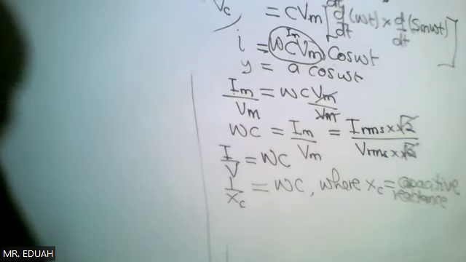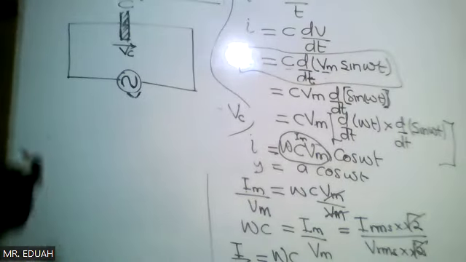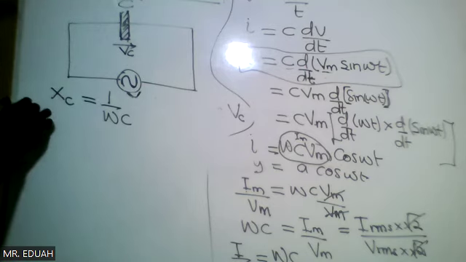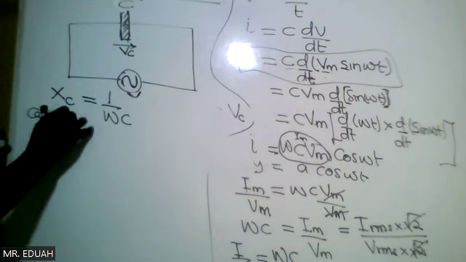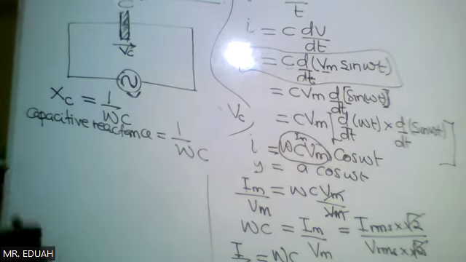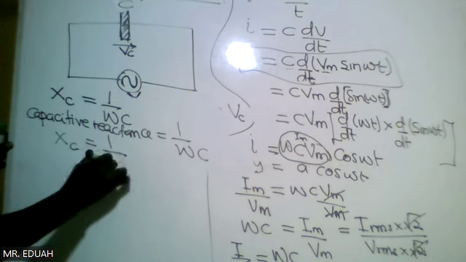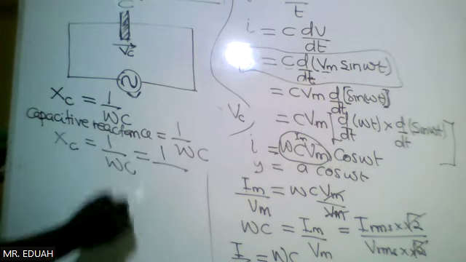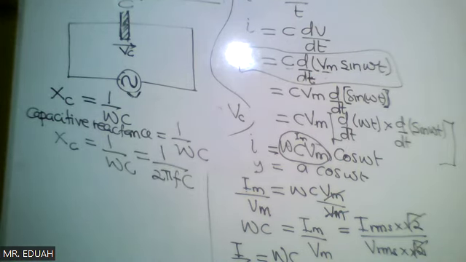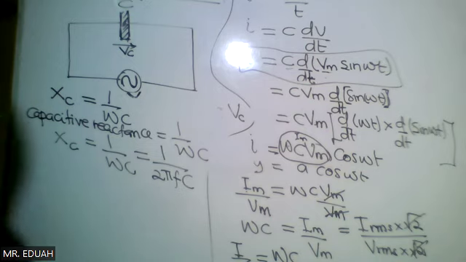If 1 over XC is equal to omega C, then XC is equal to 1 over omega C. So we are saying that capacitive reactance is equal to the inverse of omega C, which is also equal to 1 over 2 pi f C. The SI unit of capacitive reactance is the same as the SI unit of resistance, ohm.